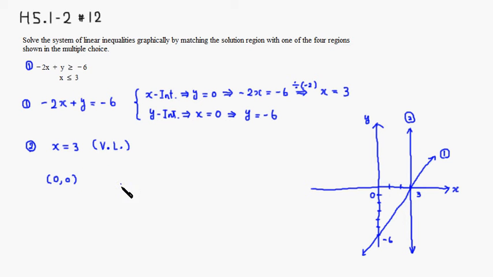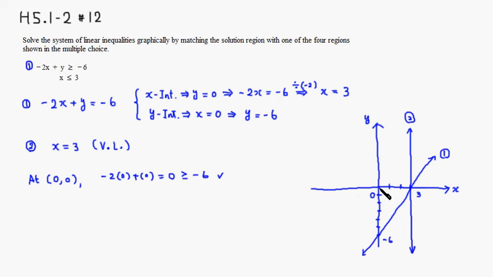At 0, 0, negative 2 times 0 plus y is 0. Is 0 greater than or equal to negative 6? So it is. So 0, 0 satisfies the first inequality.